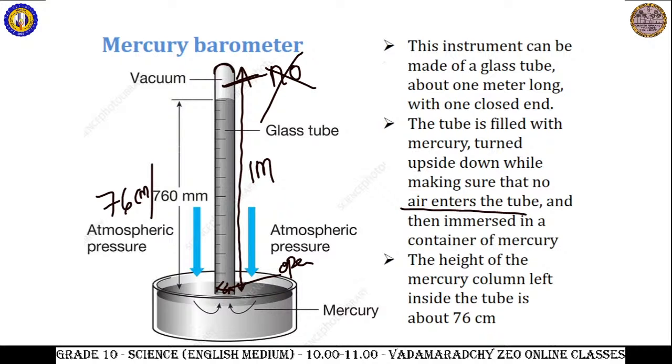We have to confirm that no air enters the tube, so a vacuum is created. Then we immerse this glass tube into a container that also has mercury. Now we can observe that the height of the mercury column left inside the tube is approximately 76 centimeters.